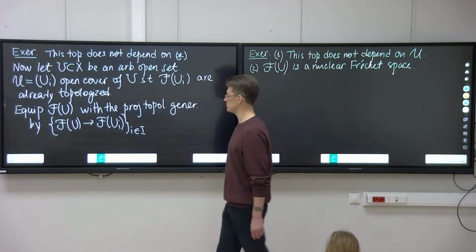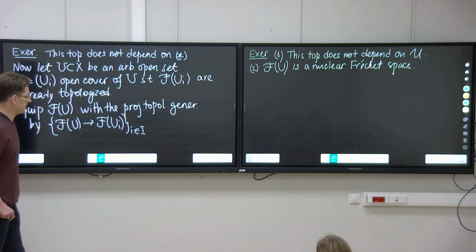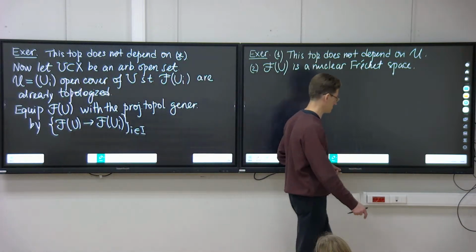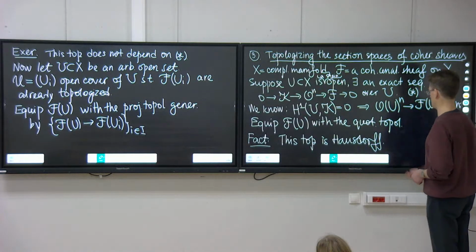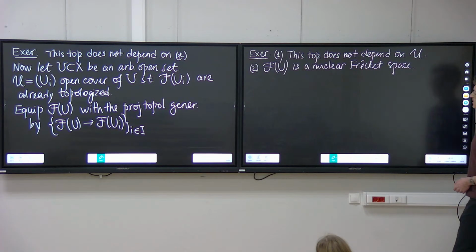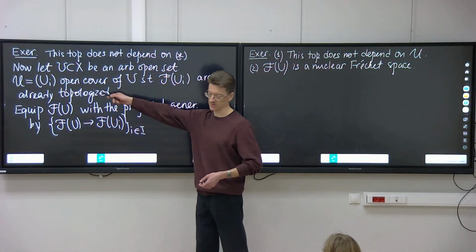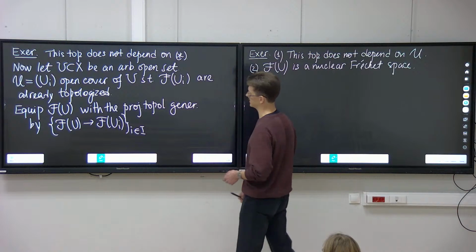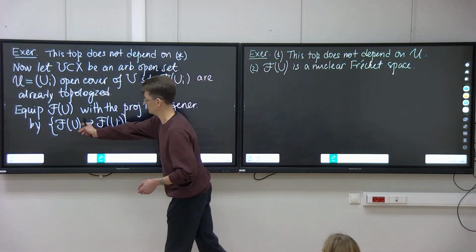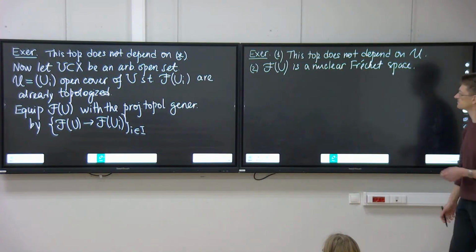So F of U is nuclear. Why is it metrizable? Again, if U is small enough, it is metrizable because it is the quotient of O of U to the power n. So this one is metrizable, and so this one is also a Fréchet space. And in the general case, we can consider only countable open covers. Without loss of generality, we may assume that this open cover is countable. And so this implies that F of U is also metrizable. So it is a nuclear Fréchet space.